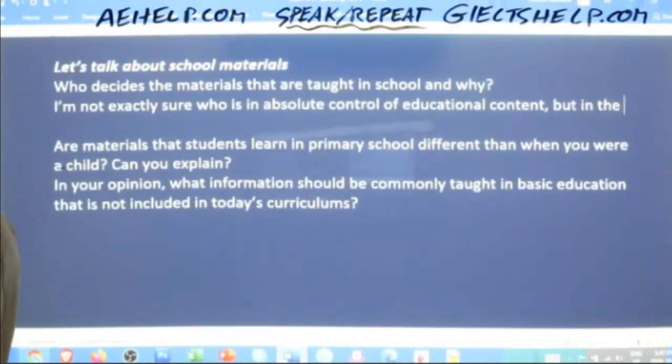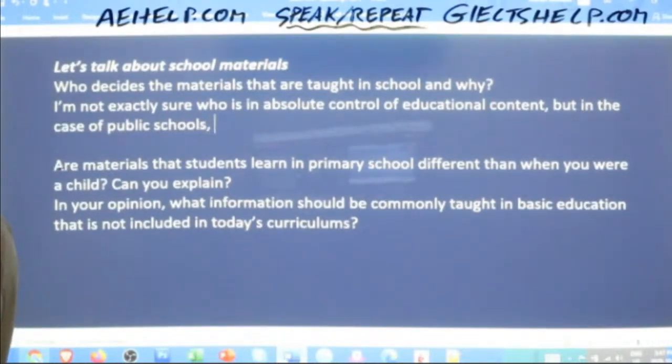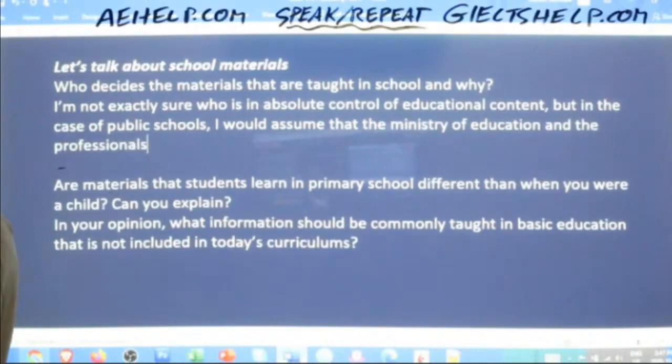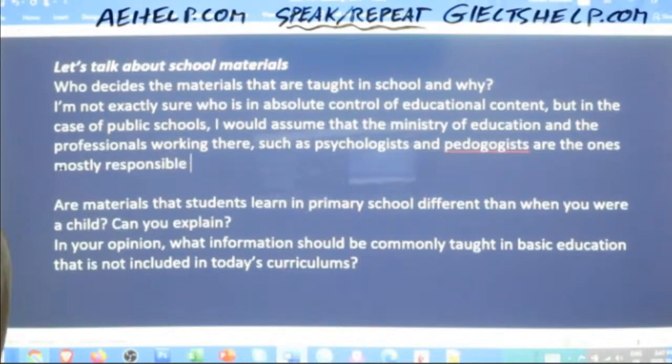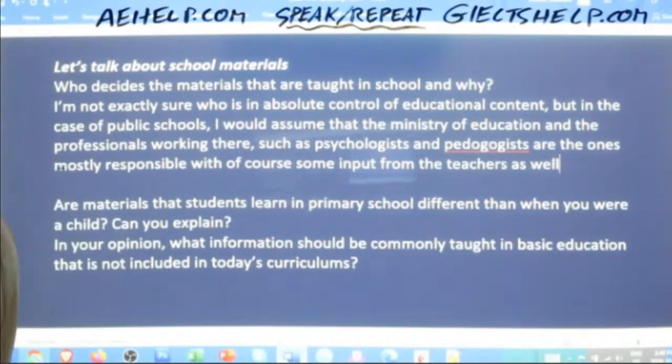But in the case of public schools, I would assume that the Ministry of Education and the professionals working there, such as psychologists, should be able to spell that since I myself am a psychologist, such as psychologists and pedagogists are the ones mostly responsible, with, of course, some input from the teachers as well.